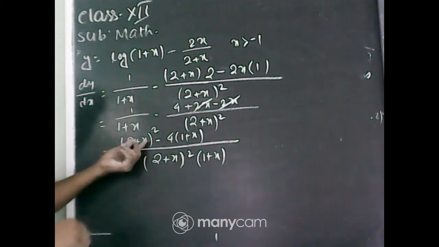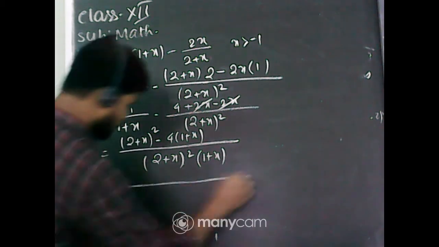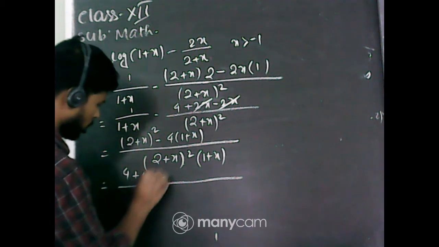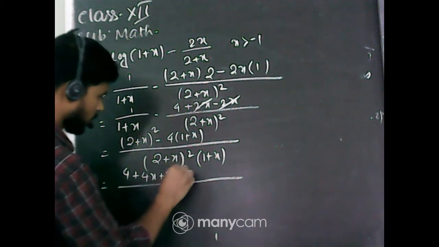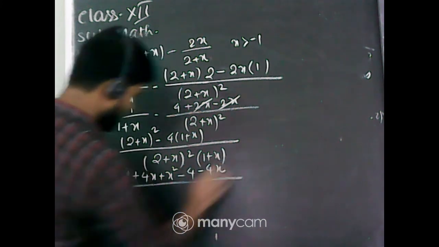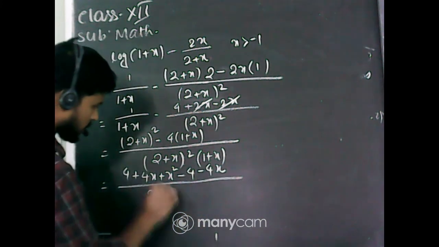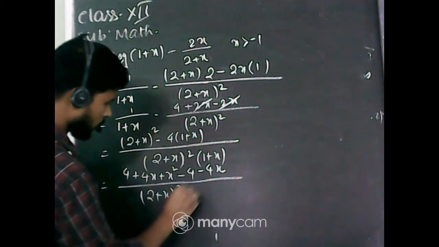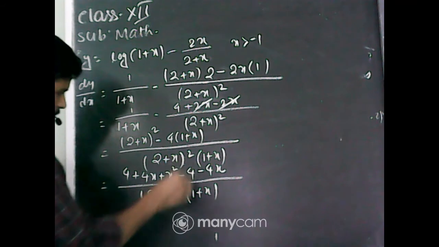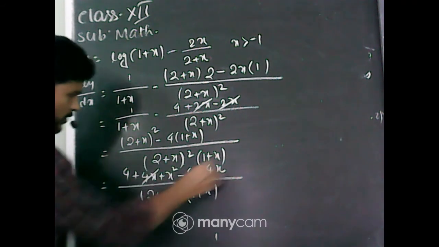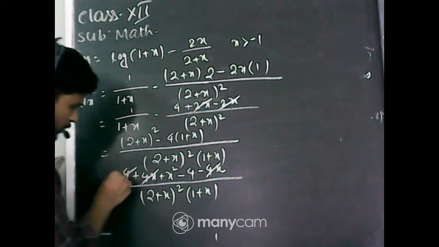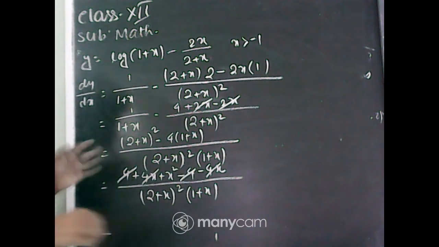Isn't it? Now expand this. So if we expand this, it will be 4 plus 4x plus x square minus 4 minus 4x by (2 plus x) whole square (1 plus x). Okay, now look, this plus 4x and this minus 4x will cancel each other, and also this plus 4 and this minus 4 will cancel each other.